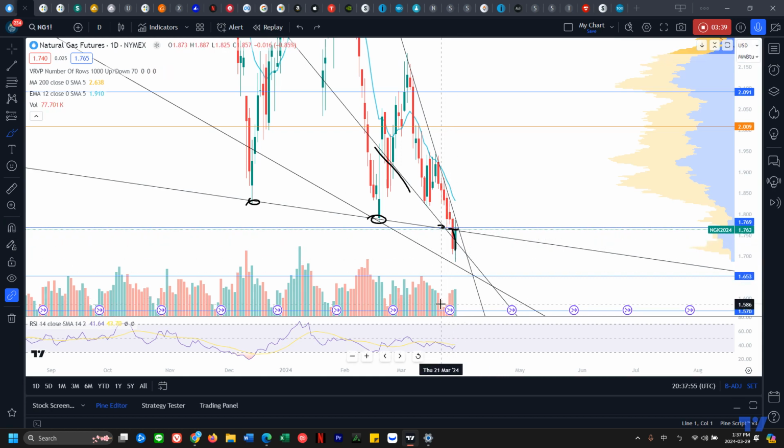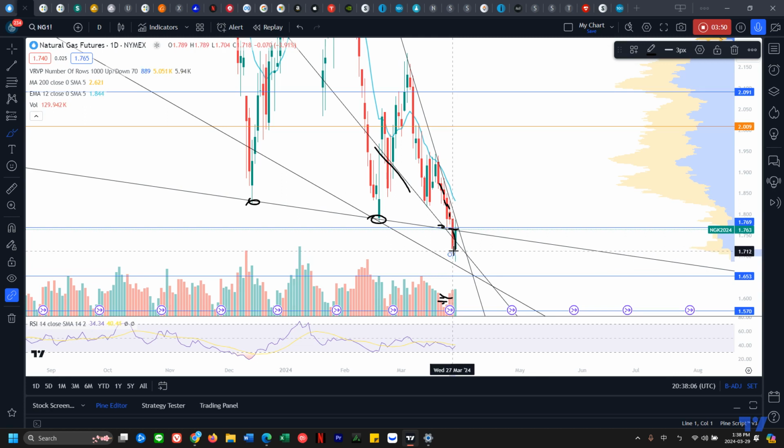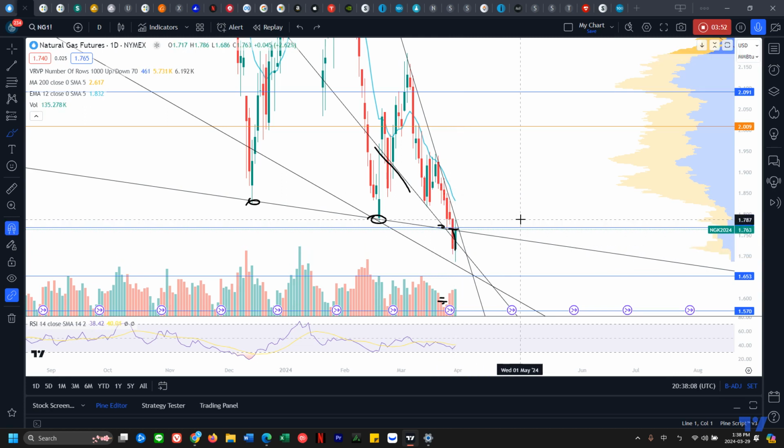You can see these days there's pretty much no volume on this entire drop, just a slow grind, and then see how volume picked up on this candle here. You can see that volume on UNG as well. We'll take a look in a second, but that's that.